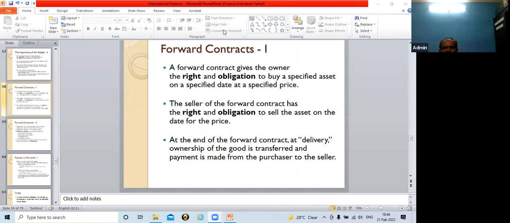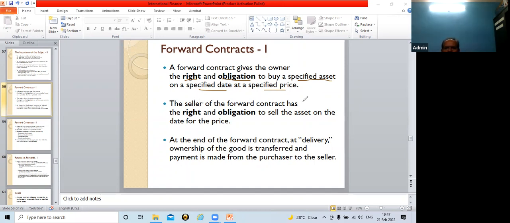Let me show you which these are. Right, obligation, specified asset, specified date, and specified price. So there are 5 keywords. Please try to remember. This is the combination which we get in a forward contract.